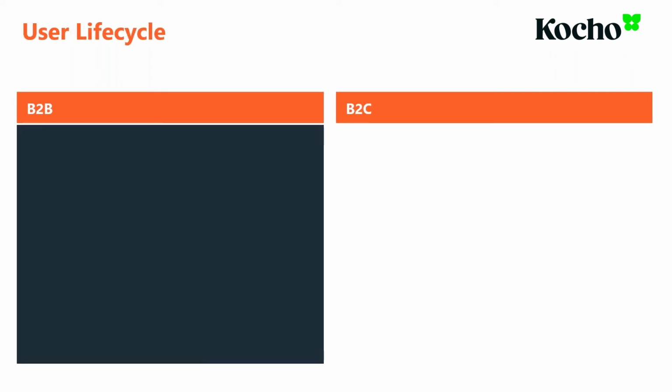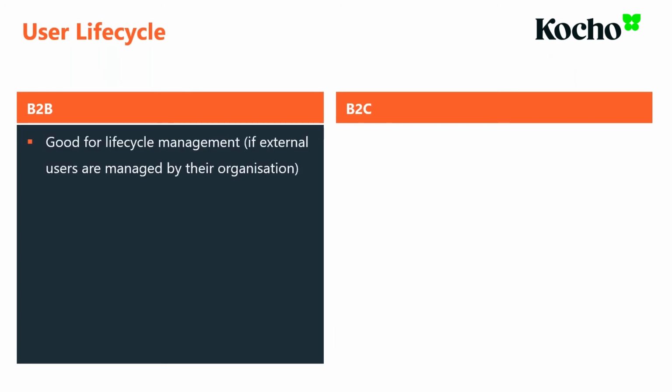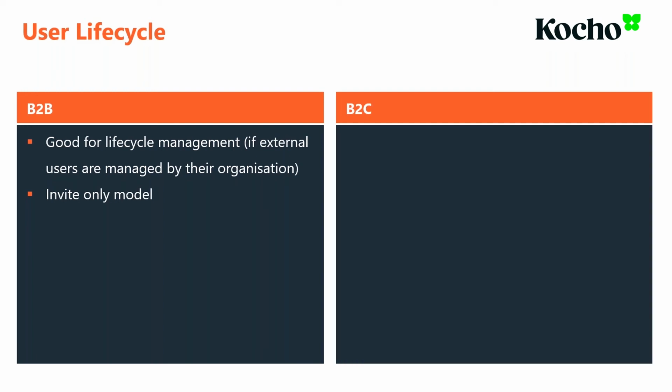So what's the user lifecycle like? Well, B2B is good for lifecycle management if you trust your external partner organization to remove their users, for example, if they leave the organization. So that will take care of removing their access. B2B is an invite-only model. So although with access packages, you can now share a link and users can apply for access, essentially it's invitation-based. B2C, on the other hand, involves social logins, so there's no kind of user lifecycle management unless you impose one.